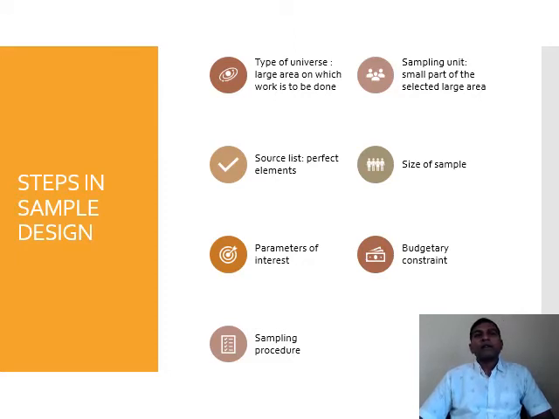Next is the sampling unit, small parts of the selected large area. Let us assume we have defined that we are supposed to use the population details of Maharashtra state.